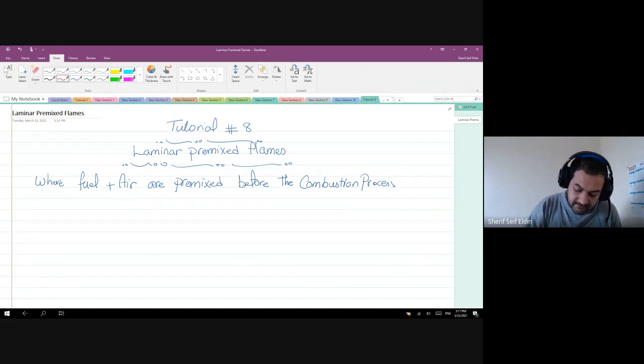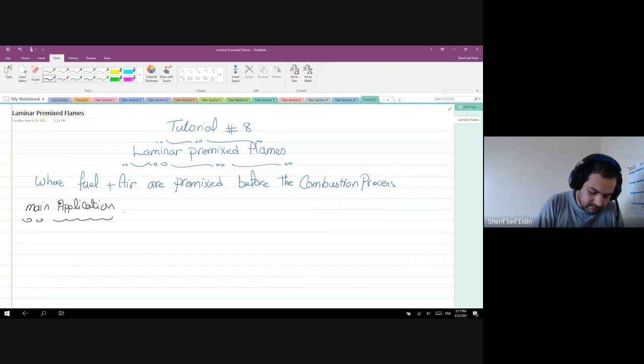So the main application is the gas turbine combustion chamber.